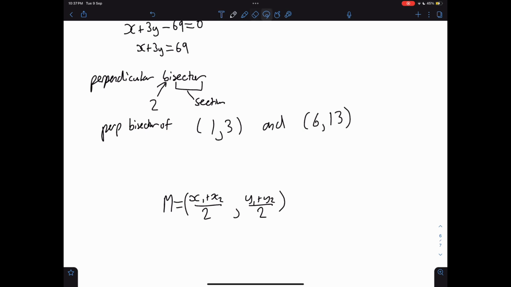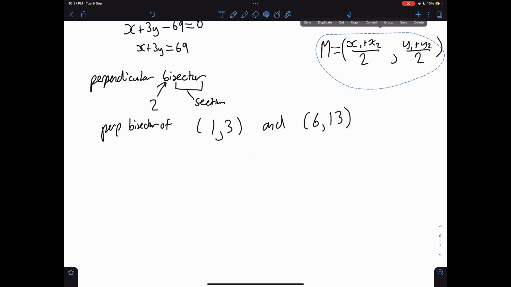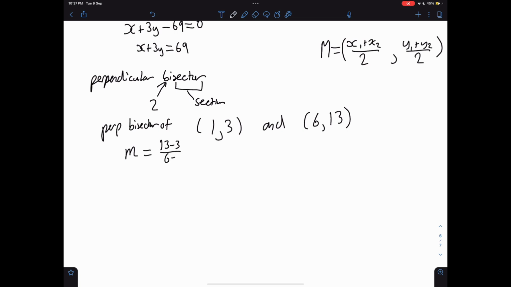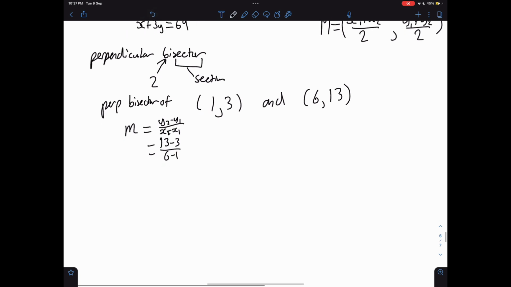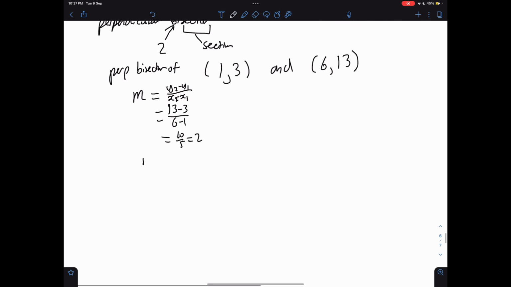So the first thing we would do, I'll move this to one side for now. M is equal to 13 minus 3 over 6 minus 1. And if you really want to just be extra careful, you write your formula. And that's 10 over 5, which is 2. And then I would write m perpendicular is negative 1 divided by 2, which is minus 1/2.